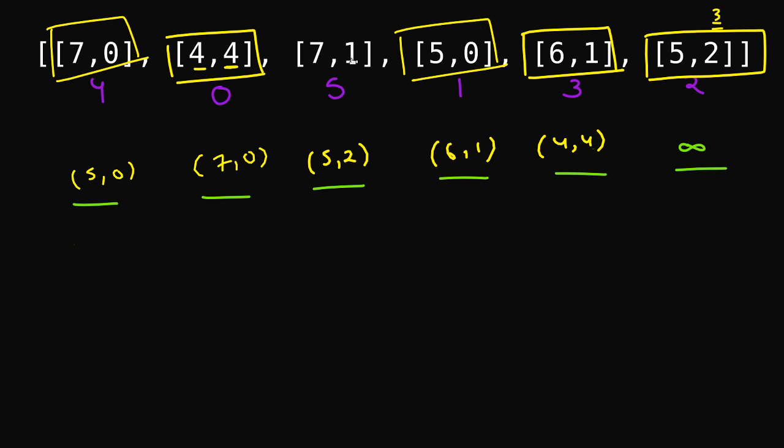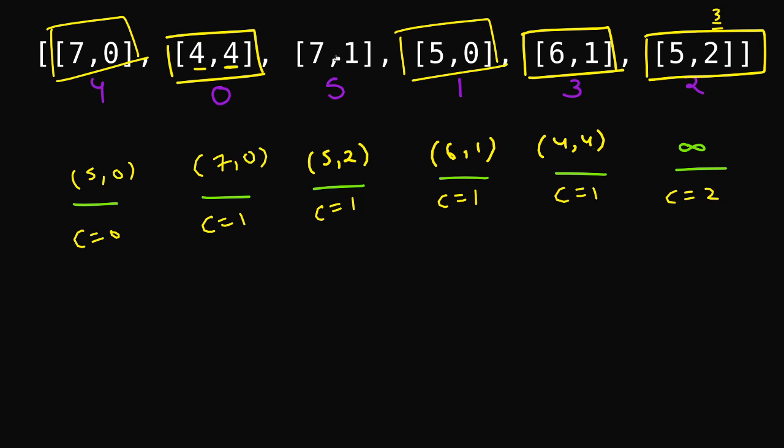The last input is the 7 comma 1, and we can just do that as well. Count is 0 because 5 is not a height which is greater than or equal to 7. Here we'll have count equals 1, because this is a height which is greater than or equal to 7. Count remains 1 here, here, and here. This infinity is definitely greater than 7, so count gets 2 here. Now since count is equal to 2, this is where I should place 7 comma 1.